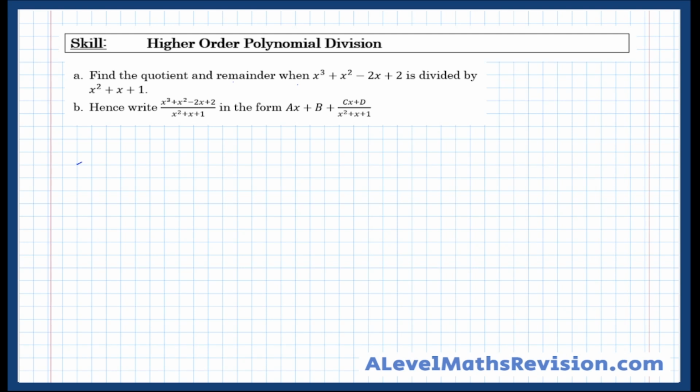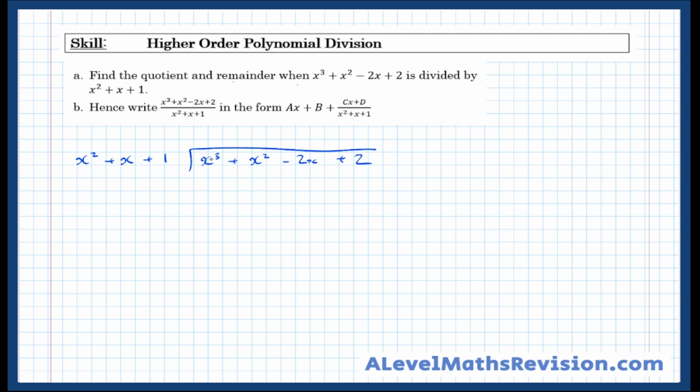So x squared plus x plus 1 into x cubed plus x squared minus 2x plus 2. And this works pretty much identically to when we're dividing by a linear factor.